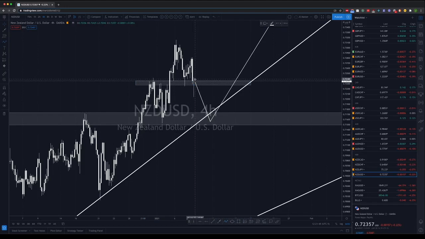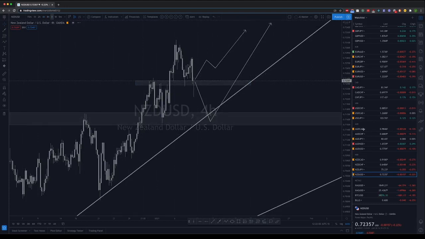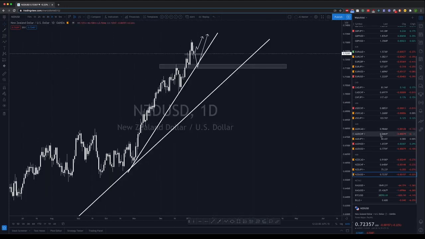I'll just put that in here. So we might actually see something like this just take off from right here, right? It may not even come back into the level. You might just see price take off from here. But I don't know. I'll just keep it on my list and see how it plays out. Yeah, I think that's it for the week.